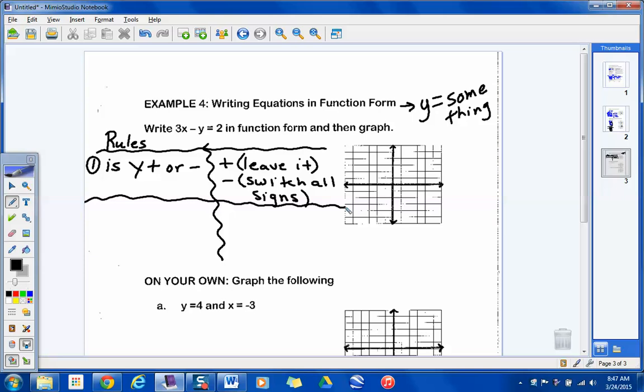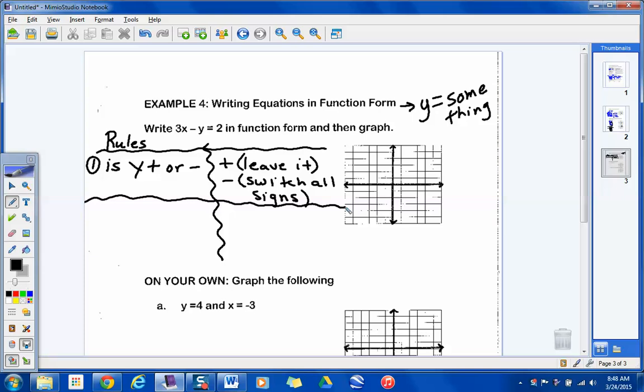Positive 6 equals positive 6, right? If I switch every single sign, I switch this positive to a negative and this positive to a negative, true statement or false statement? Still true. So if I switch every single sign, the equation is still going to be true.